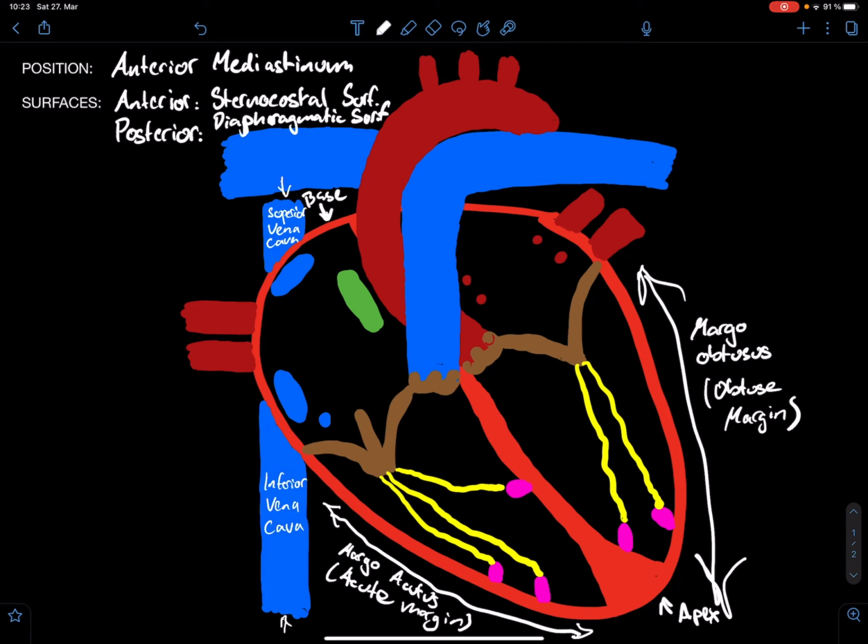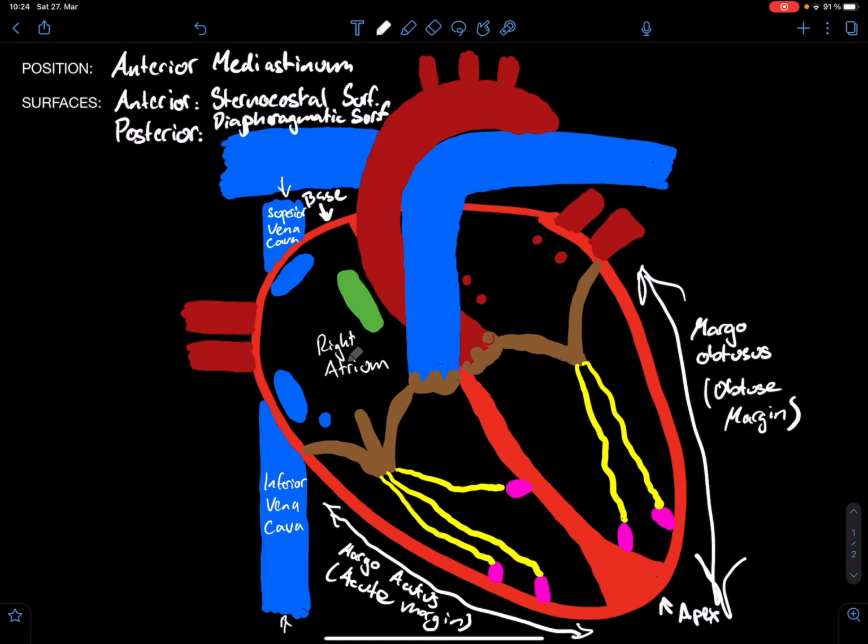It flows into the right atrium. This is the entire structure of the right atrium, basically here. As I said, through the superior vena cava and inferior vena cava, the blood enters the right atrium through the corresponding orifices, which we have here.